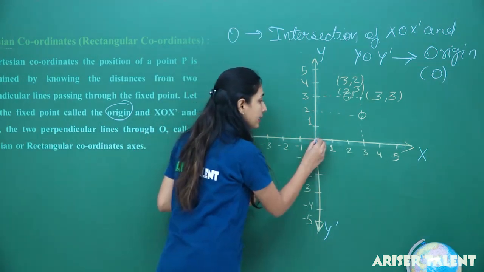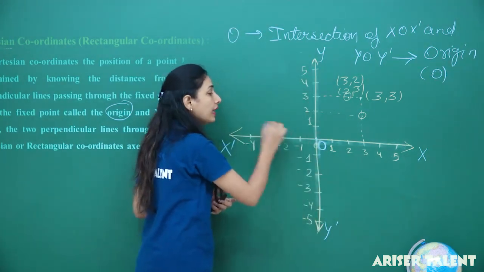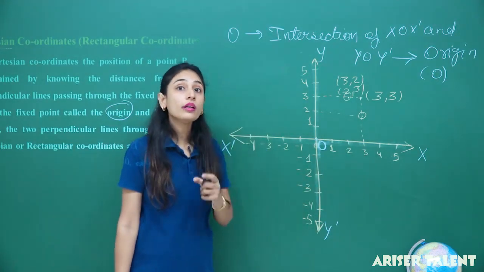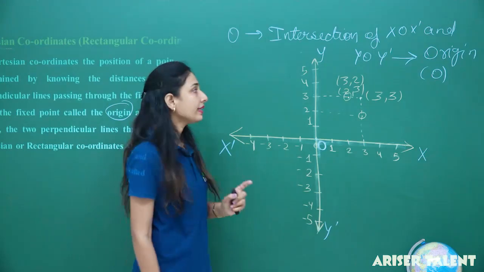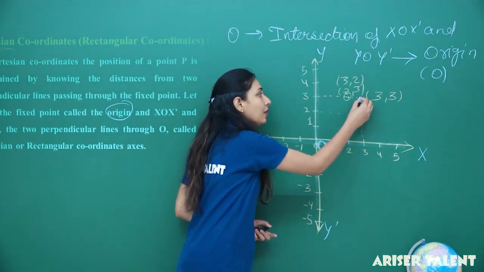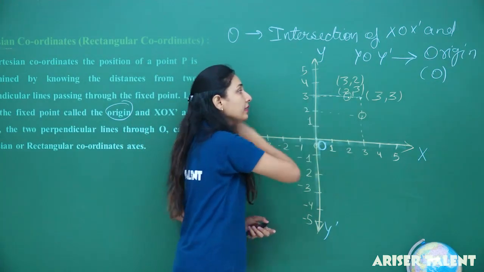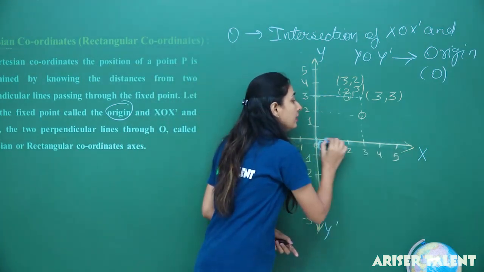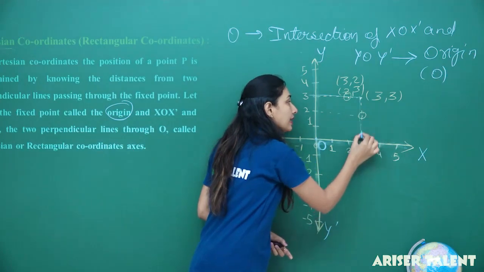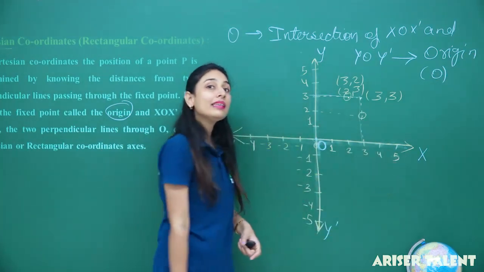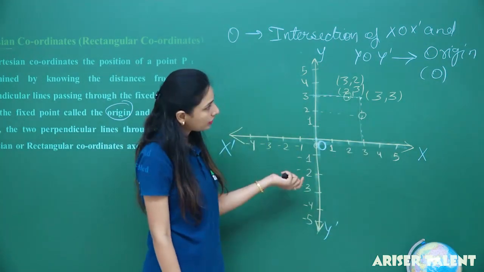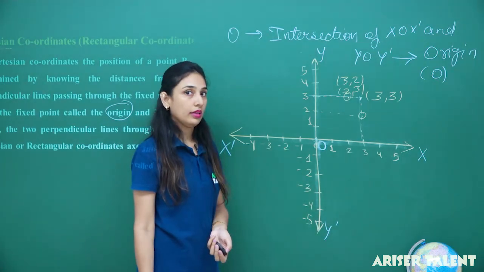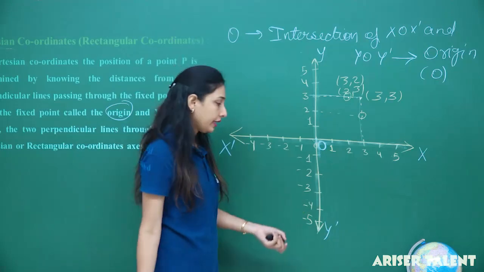That point is the origin, and the two lines are known as Cartesian or rectangular coordinate axes. Why rectangular? Because if I have a point here and I draw a line perpendicular to this axis and a line perpendicular to the other axis, that will make a rectangle here. For that reason we call it rectangular coordinates, as well as Cartesian coordinates.